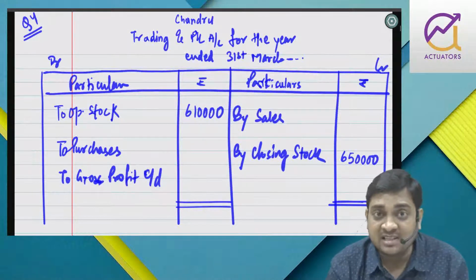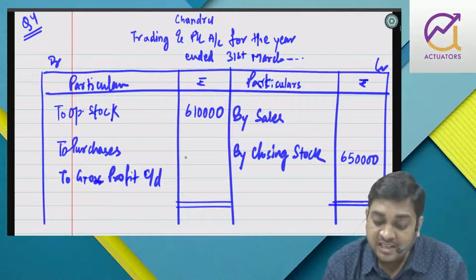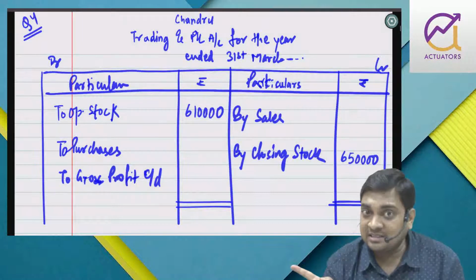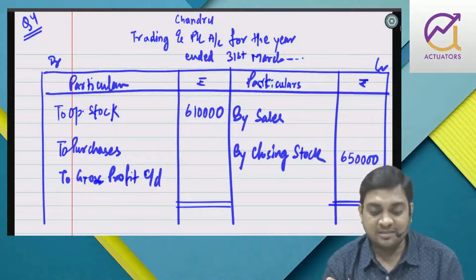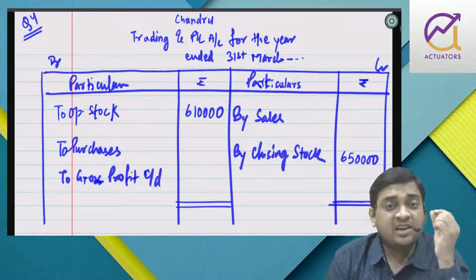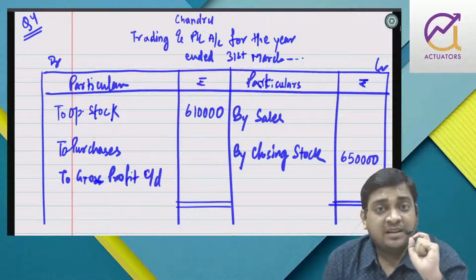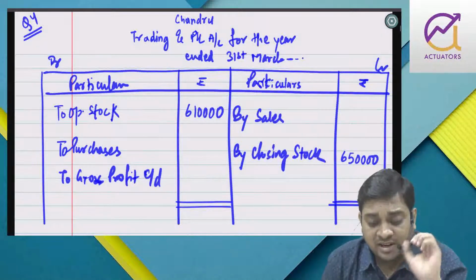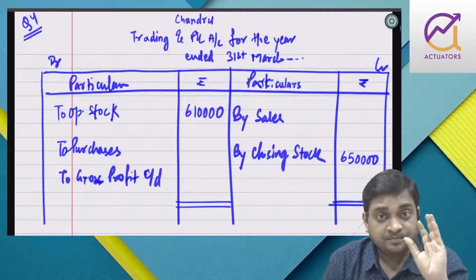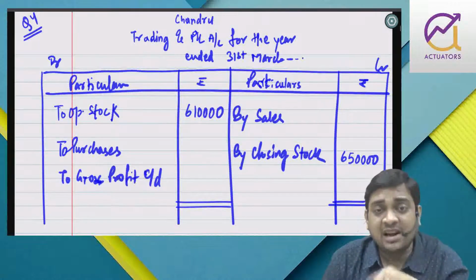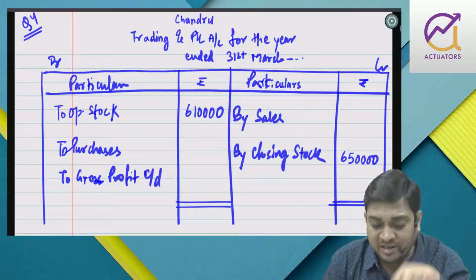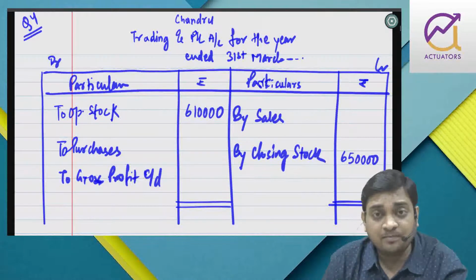So automatically I get purchase as balancing figure. This purchase I'll put it in creditor. So I'll get creditor's closing balance. So now here we are preparing debtors for the purpose of calculating sale. But we are preparing creditor not for the purpose of calculating purchase, because purchase you will get it from here.